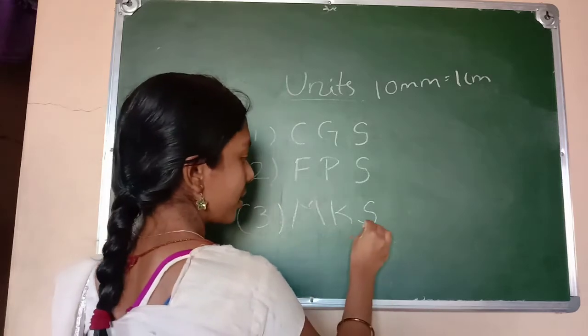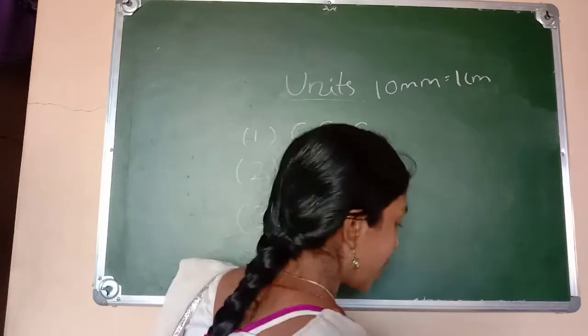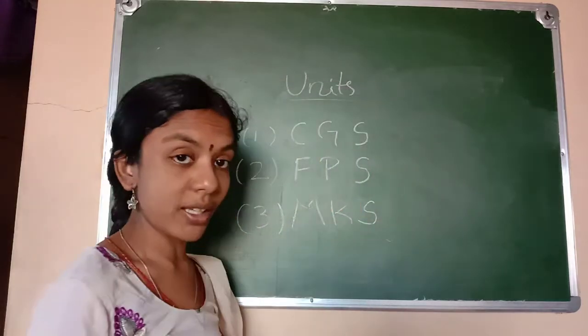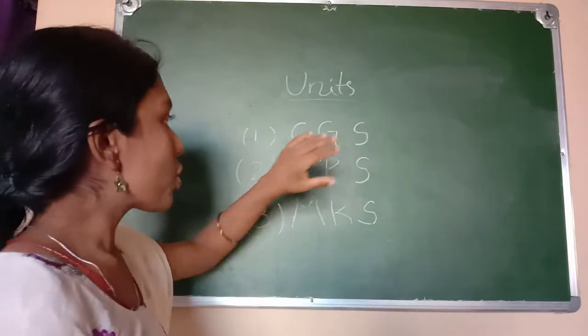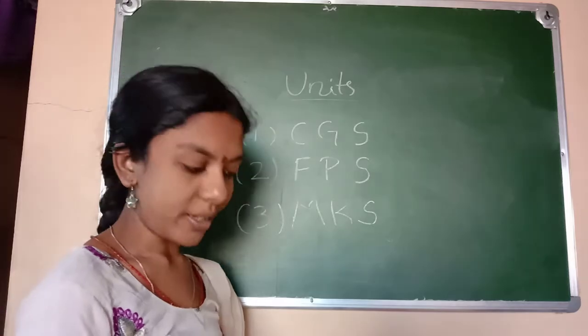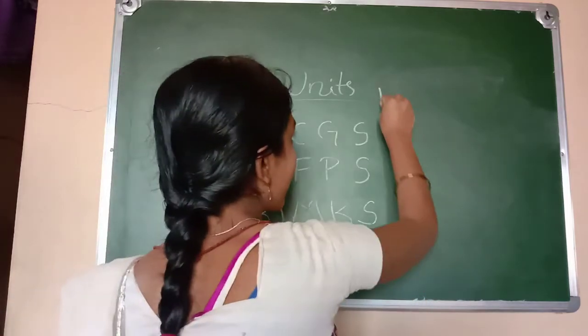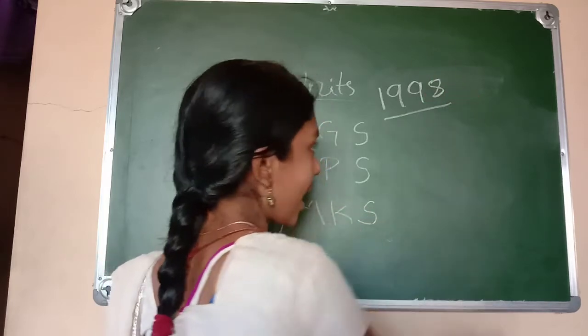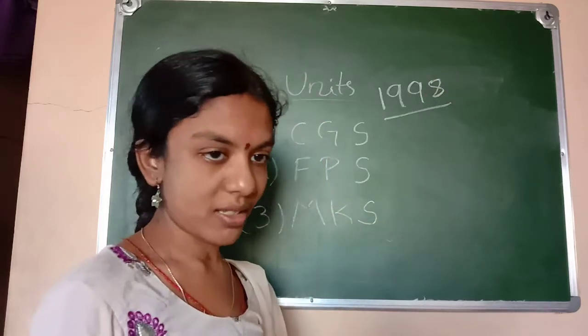As I said, there are three systems in which we express the units or the quantities. There was also a confusion between these scientists. It was in 1998, NASA had launched an orbiter to Mars.